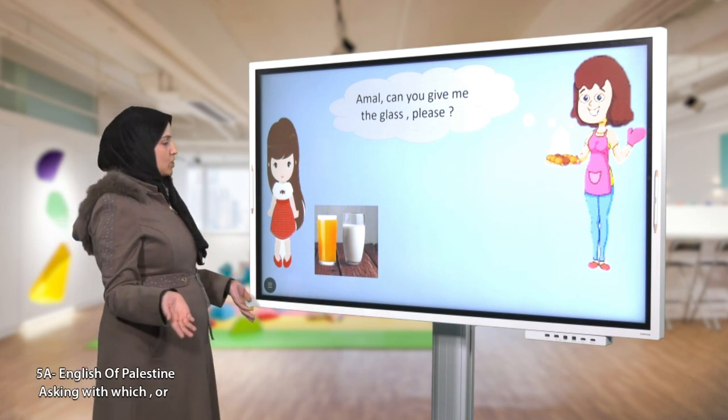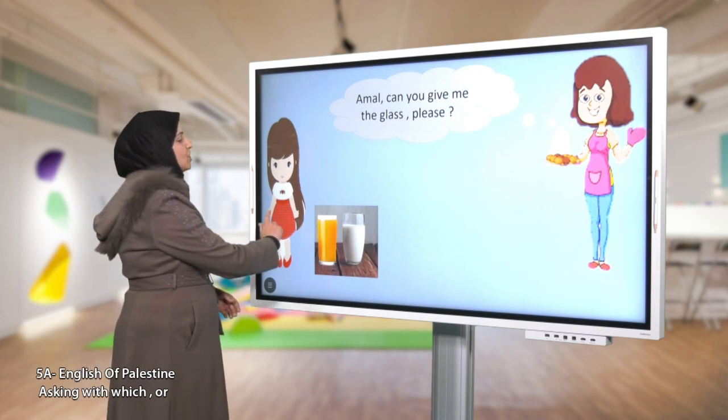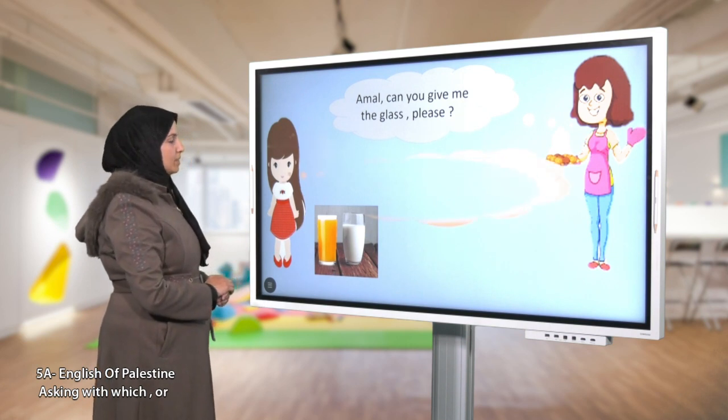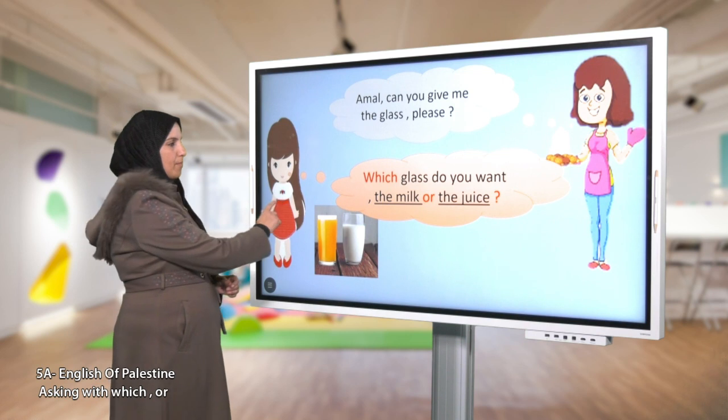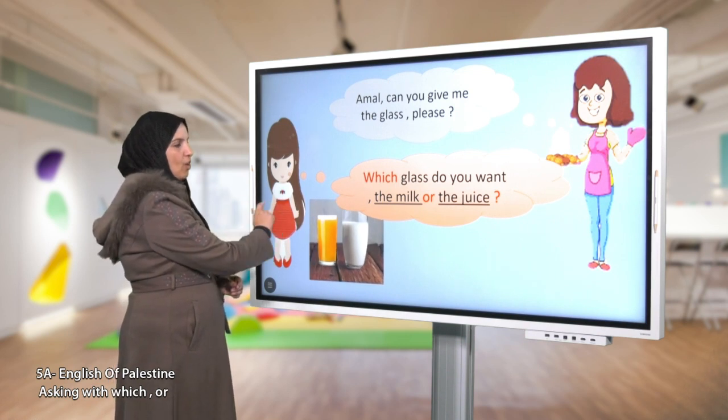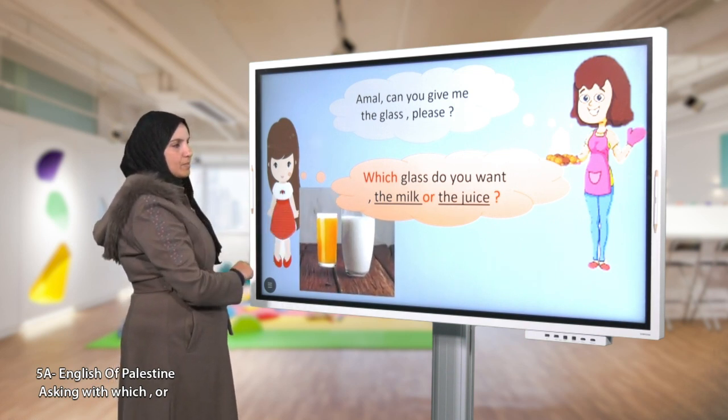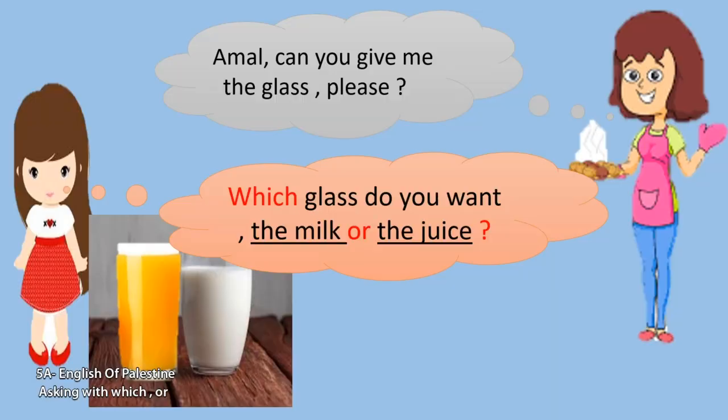What do you think Amal is going to do? She is going to ask her mother, which glass do you want? The milk or the juice? Thank you. Which at the beginning and milk and juice are choices after the comma.